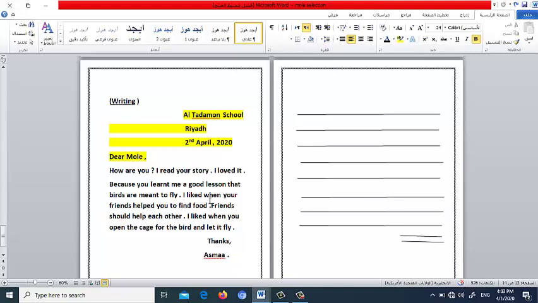I liked when your friends helped you to find food. Friends should help each other. This is a lesson for you. The first one means birds are meant to fly. The second one, that friends should help each other. I liked when you opened the cage for the bird and let it fly.